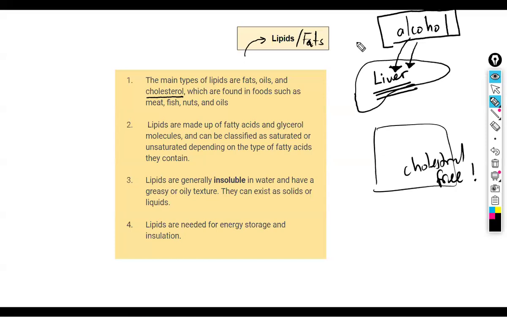So there are certain foods that, when you eat them, stimulate or cause your liver to make cholesterol. Things like alcohol and oil, they make your liver create the cholesterol. So that is how people develop high cholesterol values.